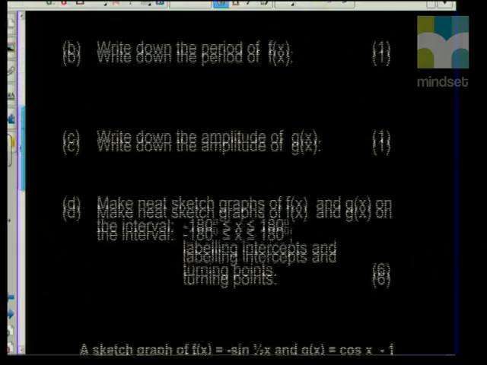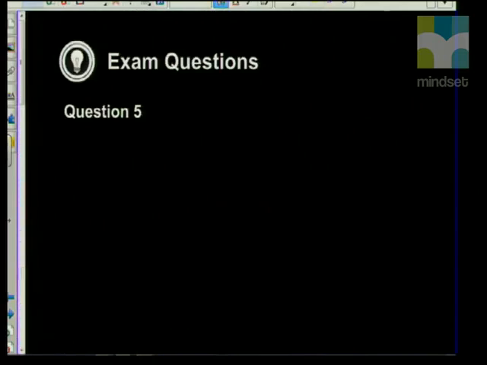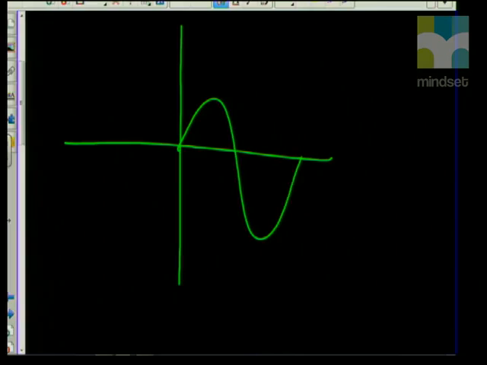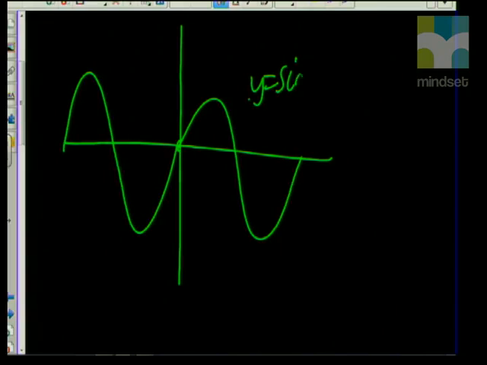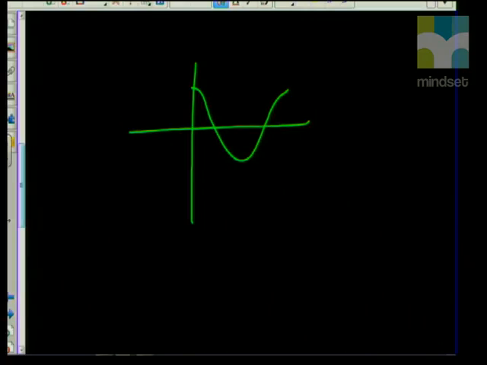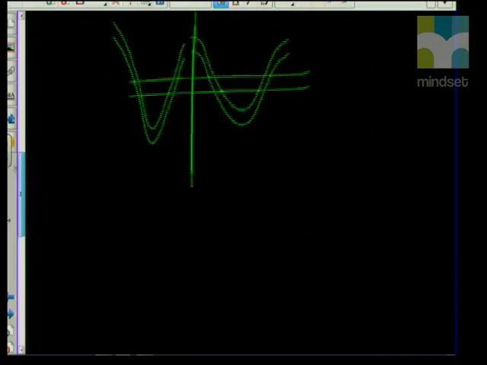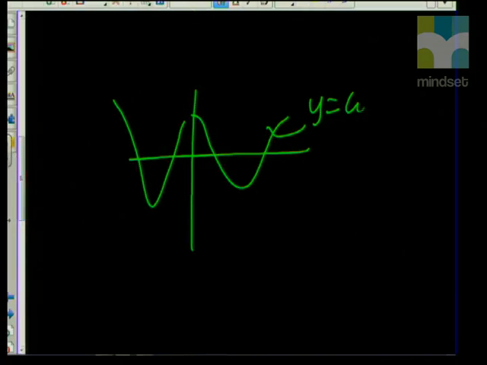Now, guys, before the transformations, I would like us to remind ourselves that the normal graph of sine looks like this, and this is y equals sine x. Now, this is your normal graph of cos, so you've got y equals positive cos x, and then your normal graph of tan.